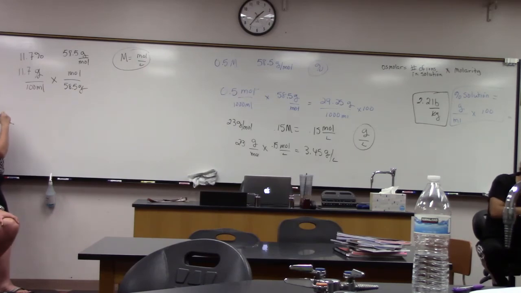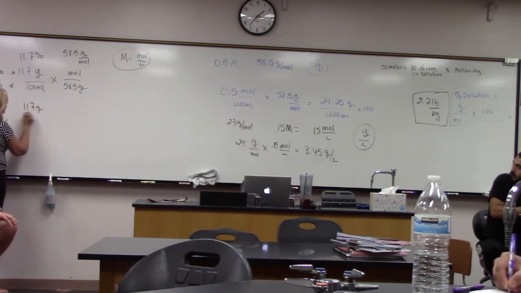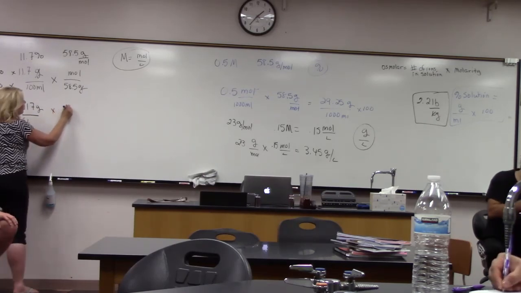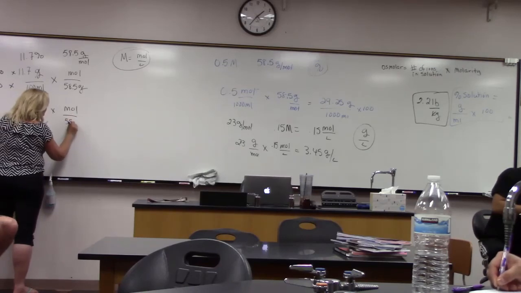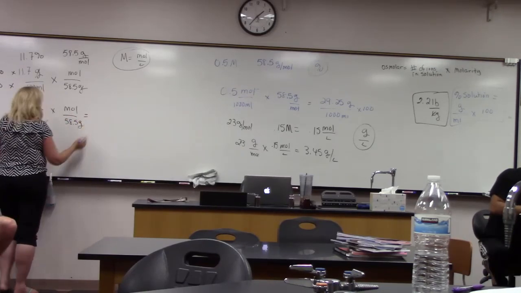You'd multiply right now? Because I wouldn't. You have to convert milliliters to liters. So you would multiply by 10. So I have 117 grams per liter, times moles over 58.5 grams, which would give me what?